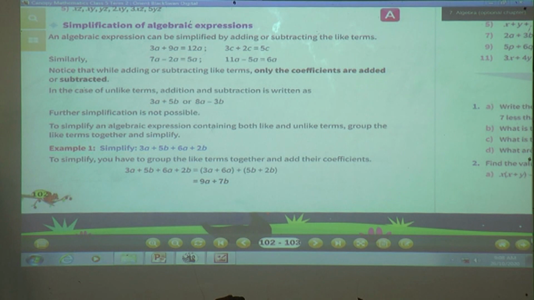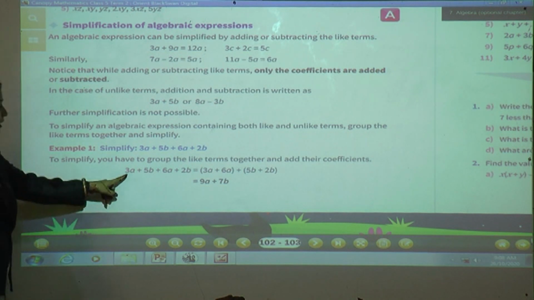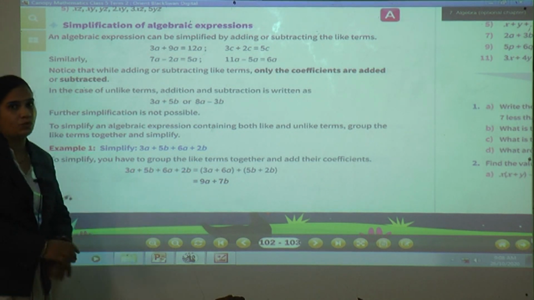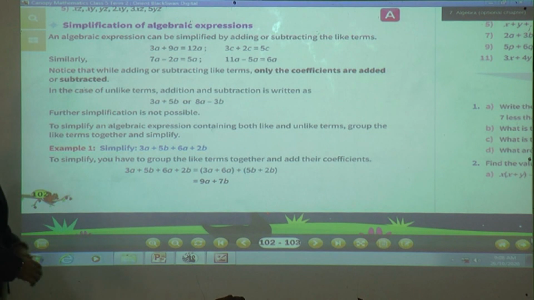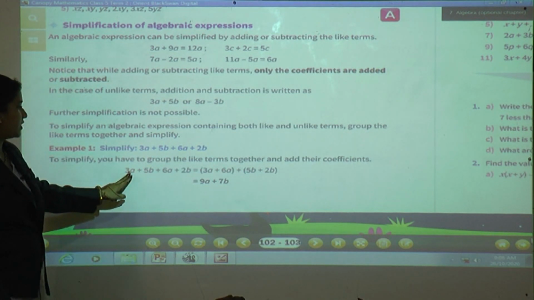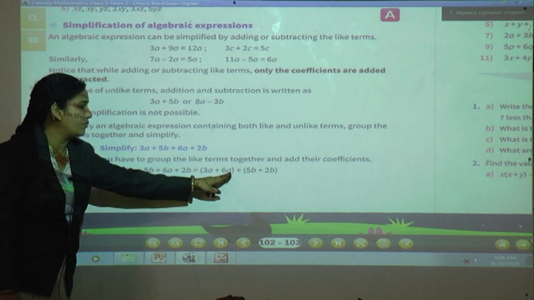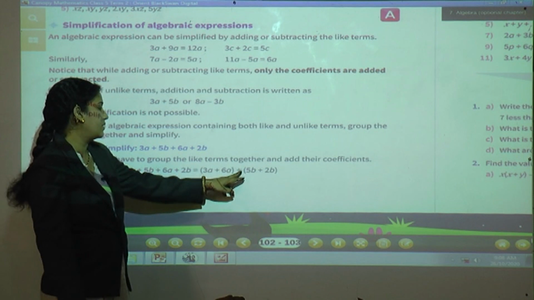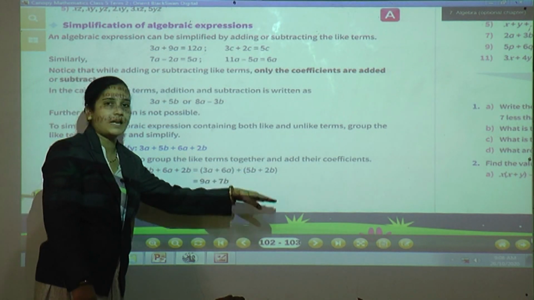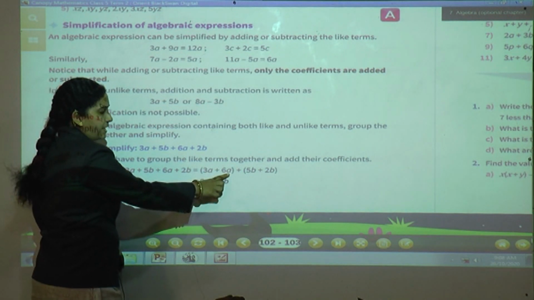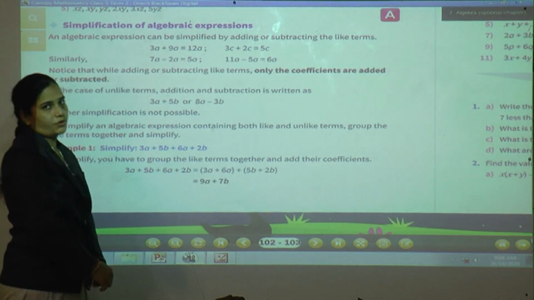See here, students, they have given us the algebraic expression. Read it: 3a plus 5b plus 6a plus 2b. So what we will do, students, is group the like terms together. Here 3a plus 6a we put together in one bracket, and again we put the other like terms together, 5b plus 2b.